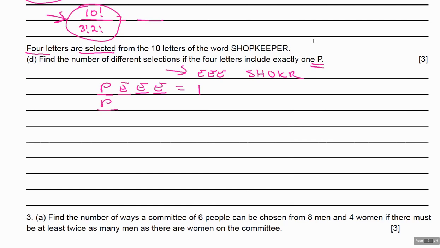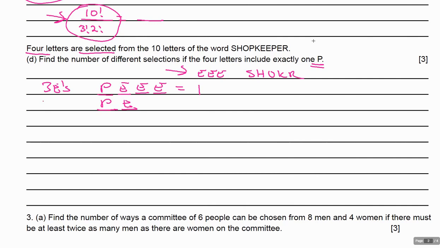You can get 1 S, 1 H, and... No, focus on the E's. You can get 2 E's and a different letter. So this is 3 E's because this is the part I have to take into consideration. The E's. So the first scenario is there's 3 of them.